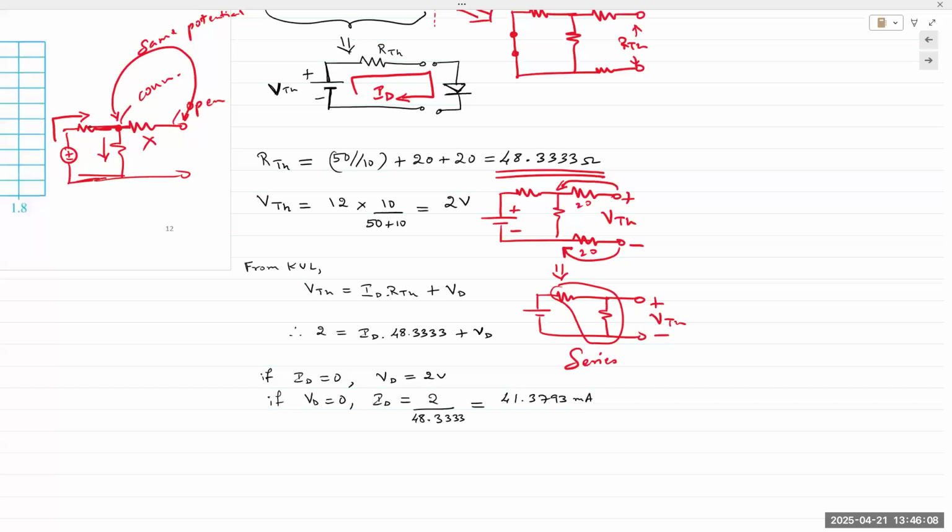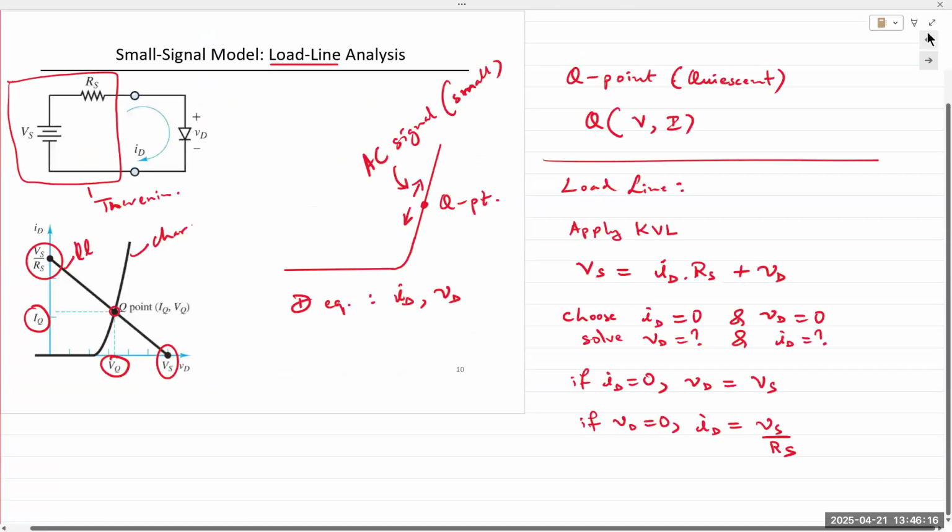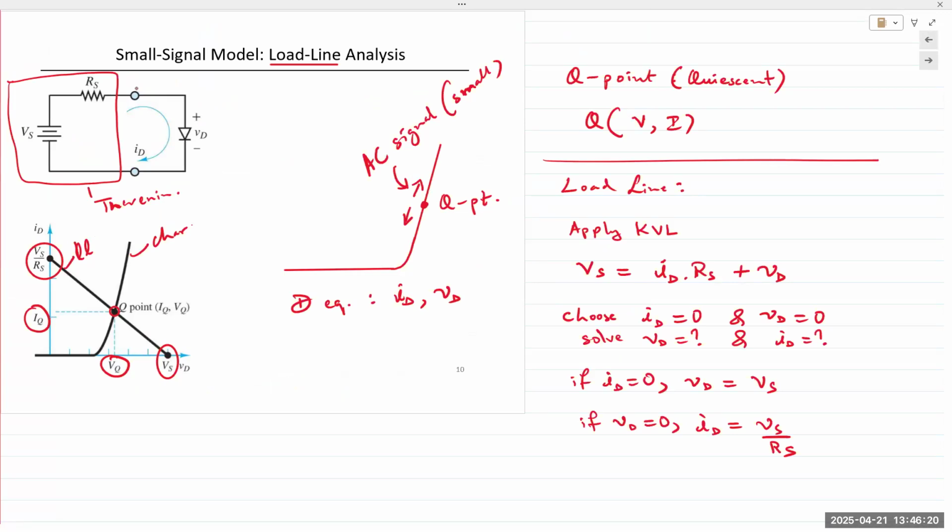Okay. So the question now is about the 2 points. If we go back to, let's see, let's go here. This is far better. So if you have a circuit like this, one voltage source, one resistance, one diode, which again, all circuits are not as simple as this, but we can reduce a linear circuit to this form by finding the Thevenin and Norton.